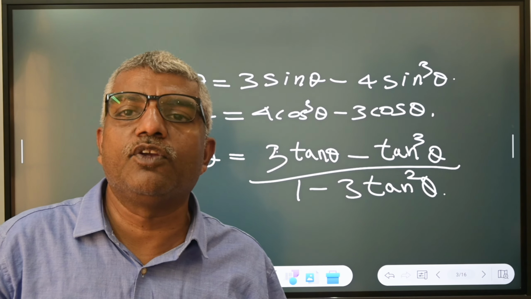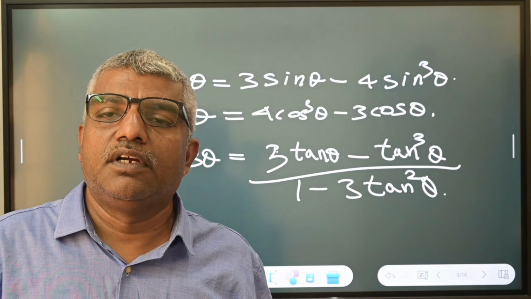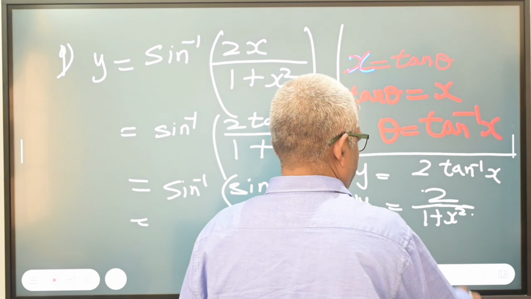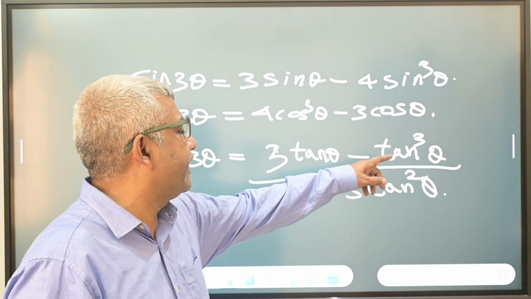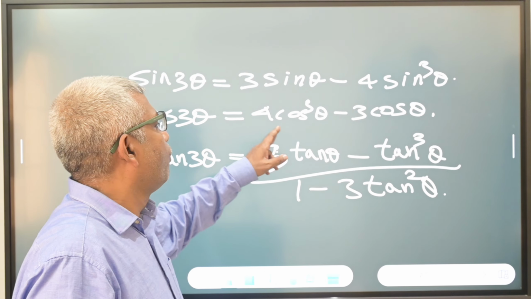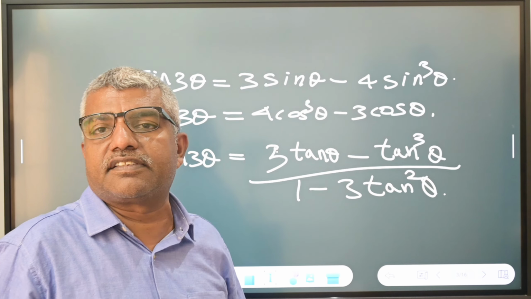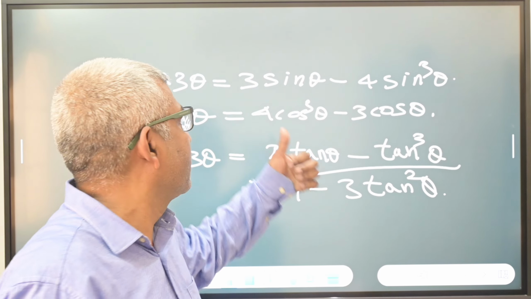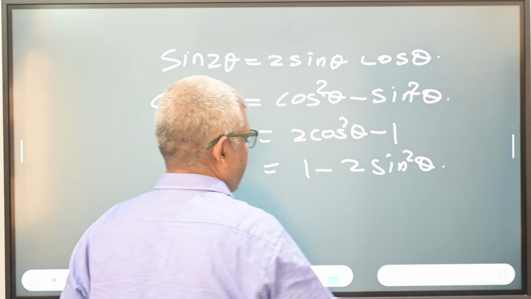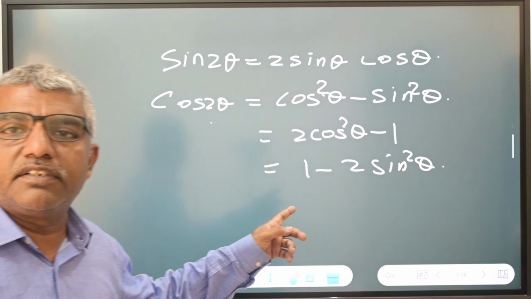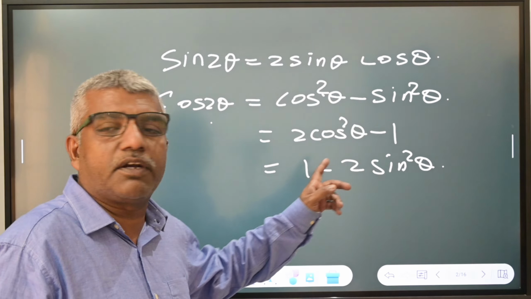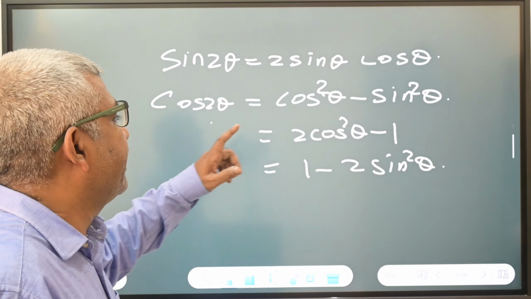If you memorize, then you know what to substitute in this kind of questions. Suppose 3x minus x cube over 1 minus 3x squared, let x is equal to tan theta. 4x cube minus 3x, x is equal to cos theta. 3x minus 4x cube, x is equal to sin theta. 1 minus 2x squared, x is equal to sin theta. 2x squared minus 1, x is equal to cos theta.